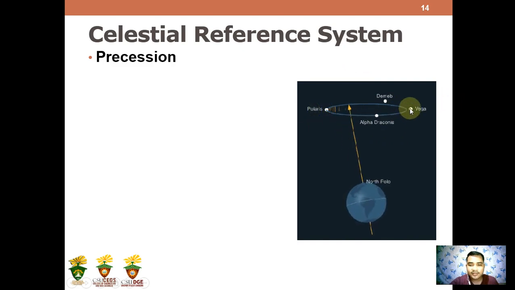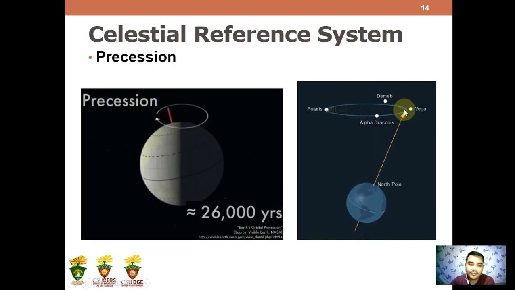The time will come when Vega will be our North Star. It won't be Polaris anymore. So, another illustration for precession. It's merely the change in orientation, after 26,000 years.